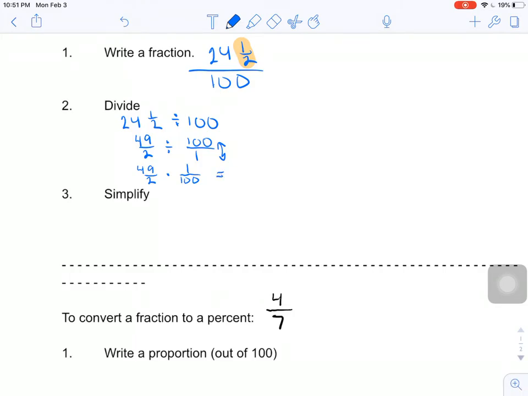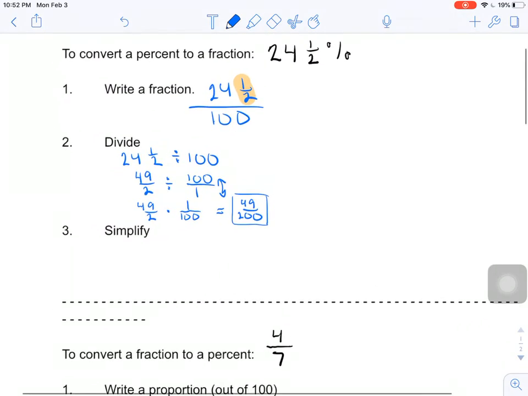So now we can come through and just do our multiplying. 49 times 1 is 49. 2 times 100 is 200. So that gives us our fraction. And notice now we do not have any fractions within a fraction. We have a whole number numerator and a whole number denominator. So 24.5% turned into a fraction is 49 over 200.